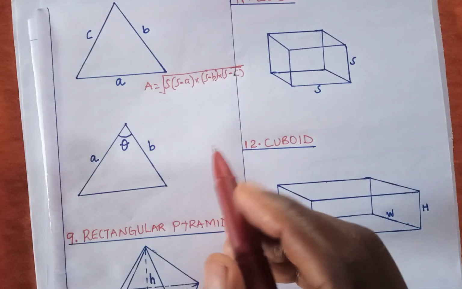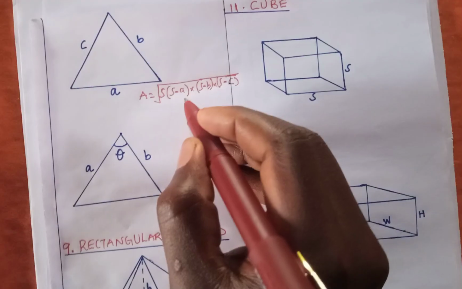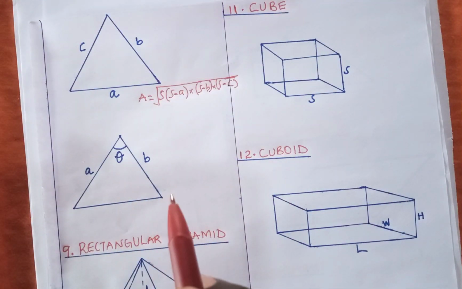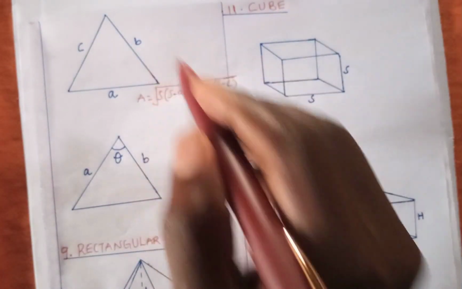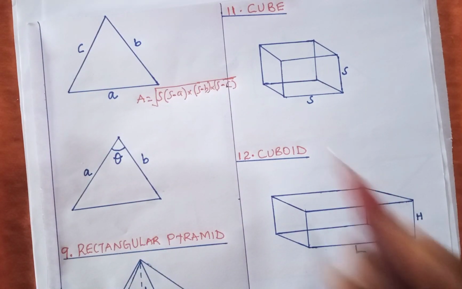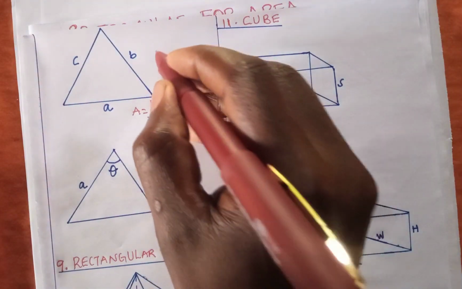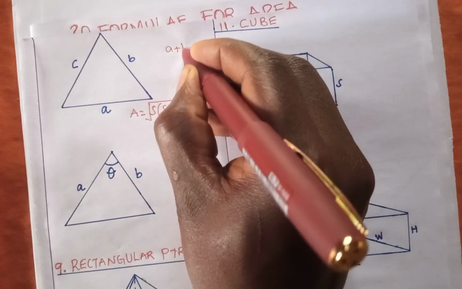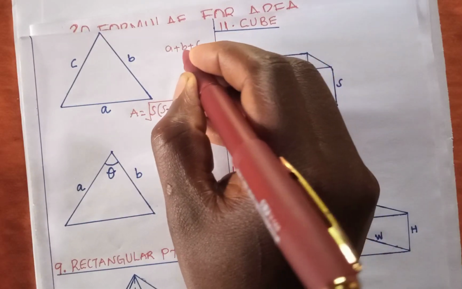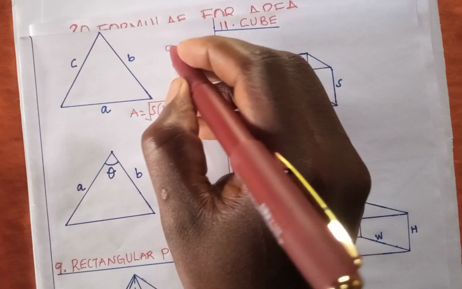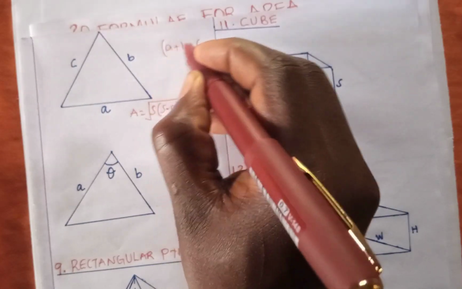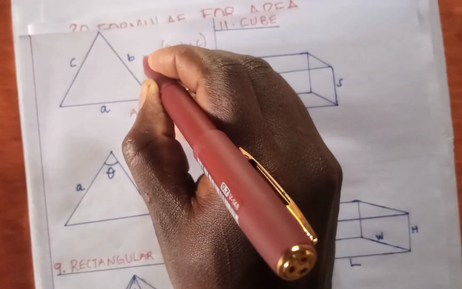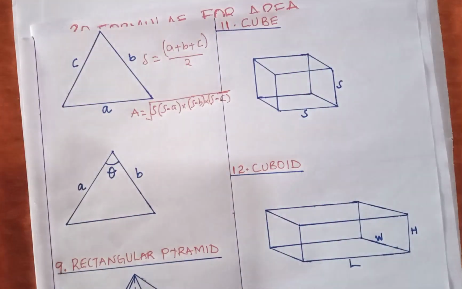Now, how do you arrive at the s? For one to be able to get this s, first of all, you need to get the perimeter around this figure. For the perimeter, you are going to get the sum of a plus b plus c. After getting the sum, you divide it by 2, and you get your s.